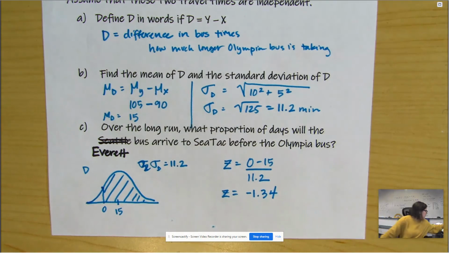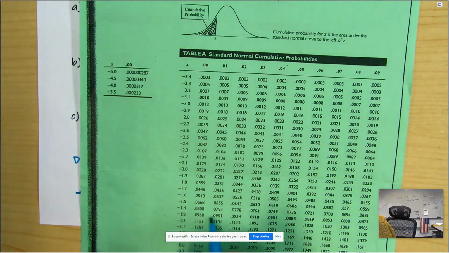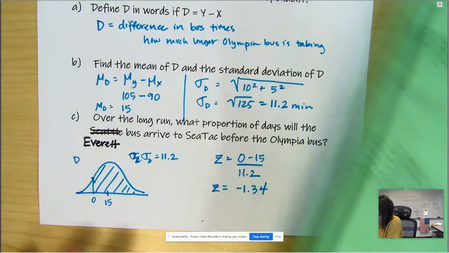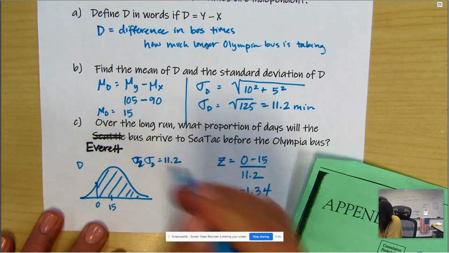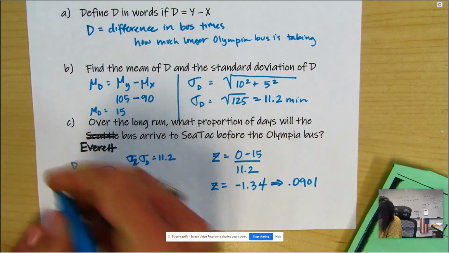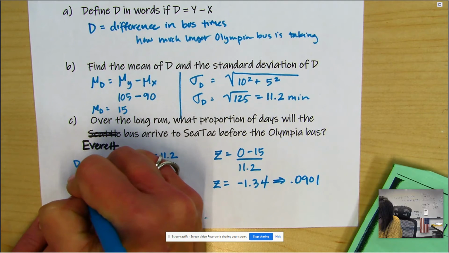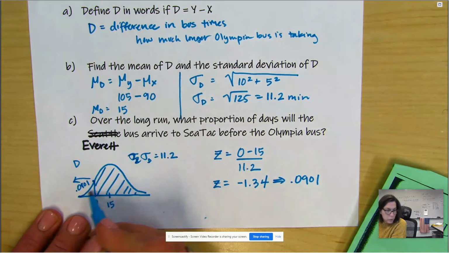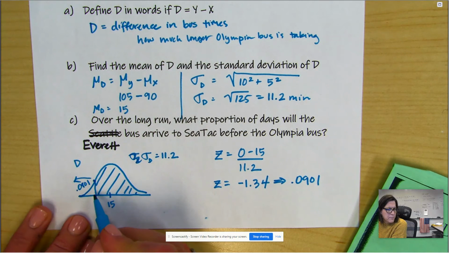Let me get my handy dandy z-table. Negative 1.34 gives 0.0901. So, where is that? That's this part underneath over here.